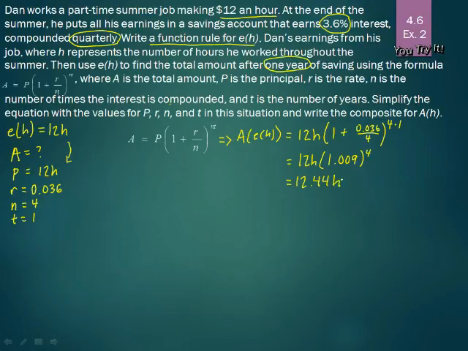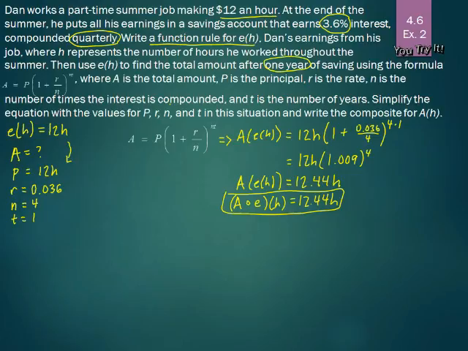And then we still have H. That will be equal to A of E of H. In composition notation, that would be A composed with E of H equals 12 and 44 hundredths H. And that will be our final answer for the amount that he will make for the number of hours he works, with interest.